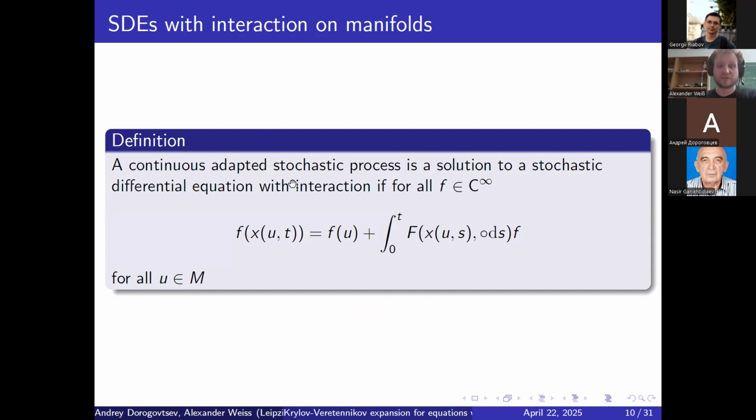A continuous adapted stochastic process with values in M is a solution to the stochastic differential equation if for all test functions f, which are C infinity functions mapping to R, we have this integral equation, where we apply the vector field valued semi-martingale to our function f. And this for all u and m. If this holds, then we have a solution.